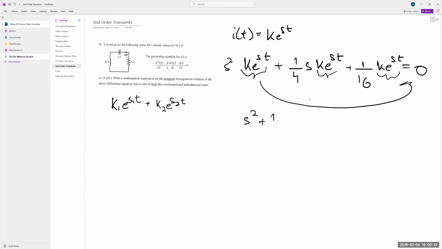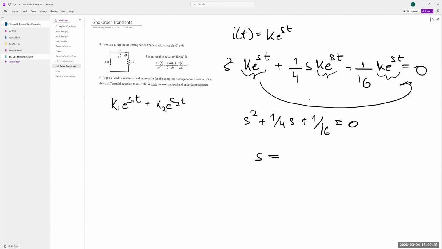So what we're going to be left with is called a characteristic equation. And you can come to this conclusion just by replacing your values into this, calling this s square, calling this s, and calling this constant, so 1. Okay? So you have your characteristic equation. So you're going to use the quadratic formula to find the solution to this.